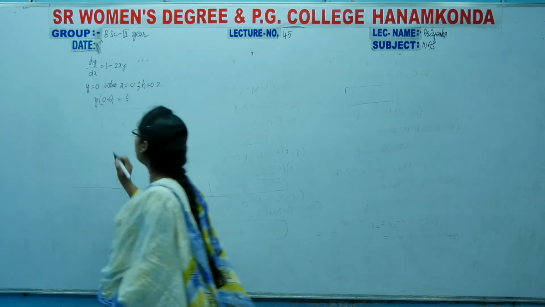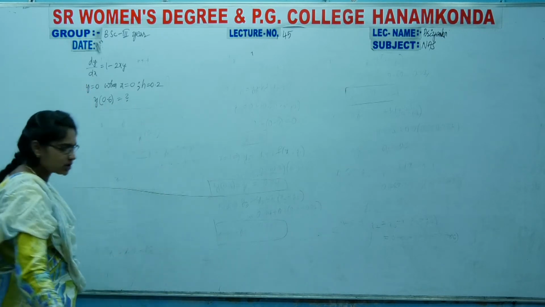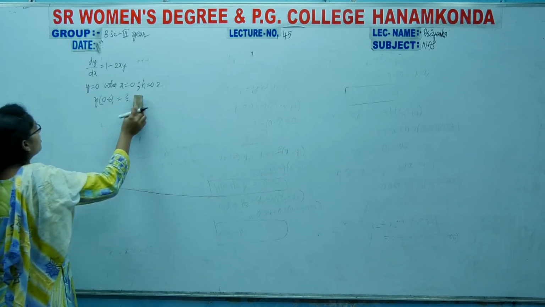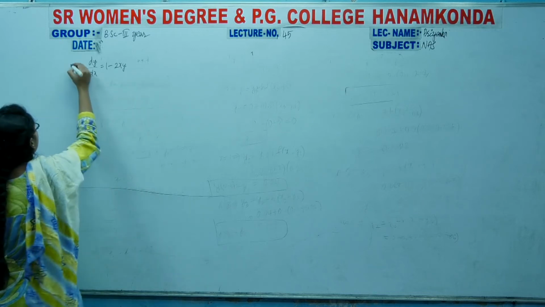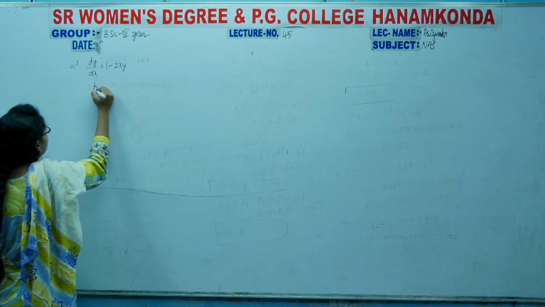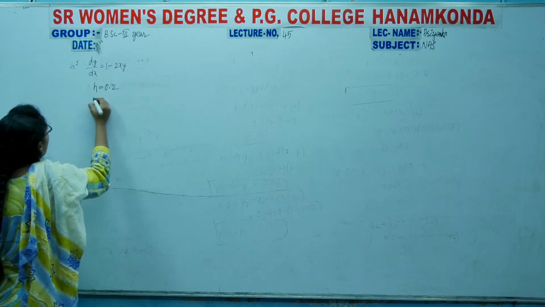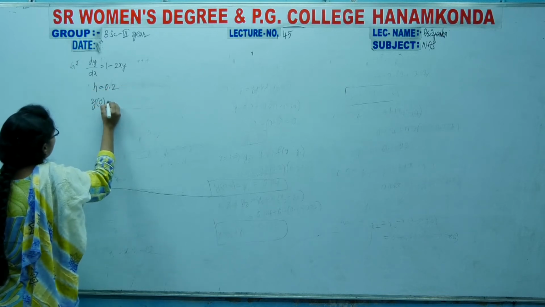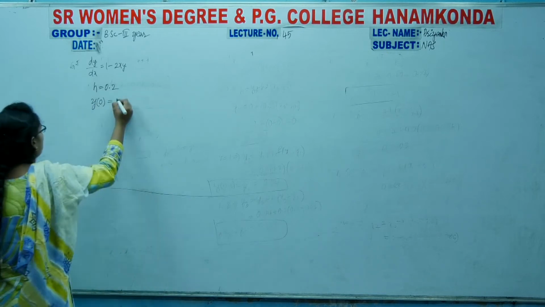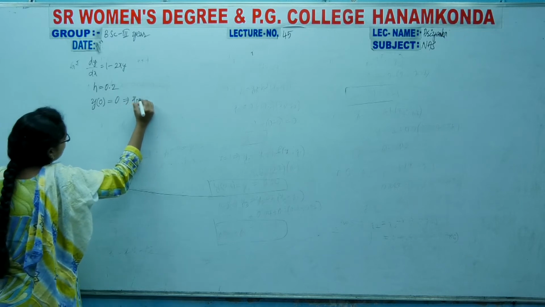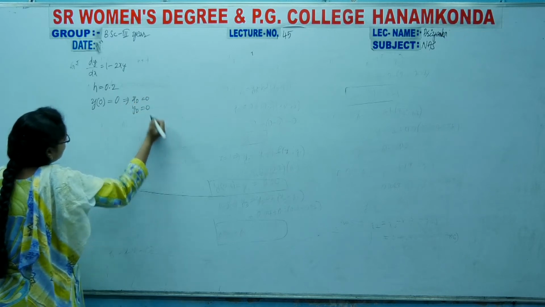First of all, this is the given information. Here h value is 0.2. And y of 0 is equal to 0, what they mentioned: y is equal to 0 when x equal to 0. That means x0 equal to 0, y0 is also equal to 0.